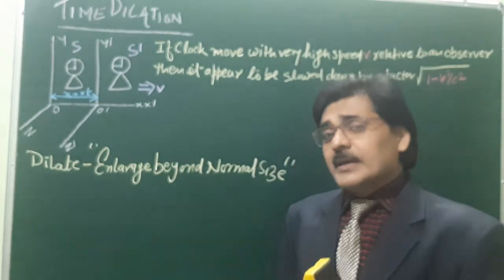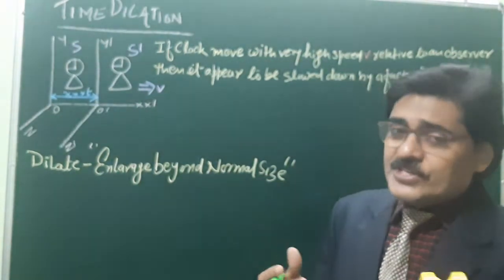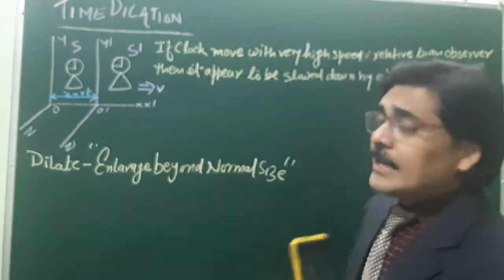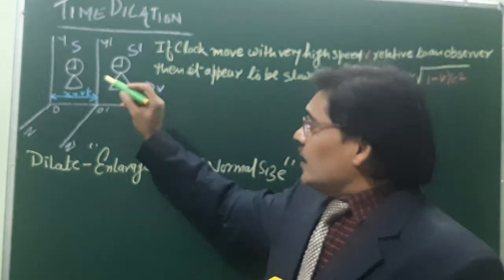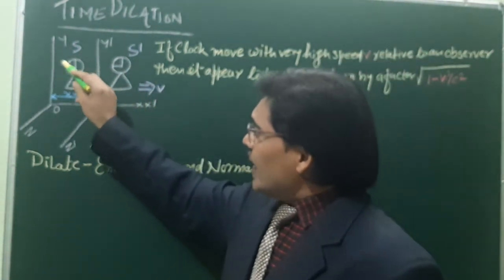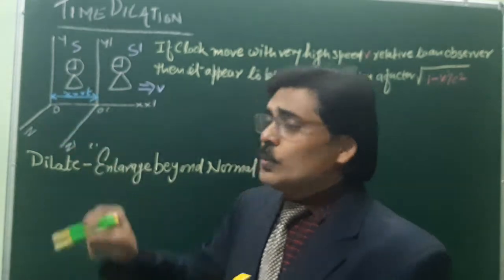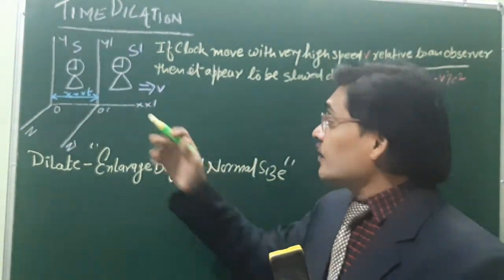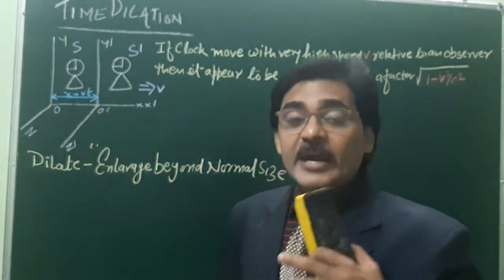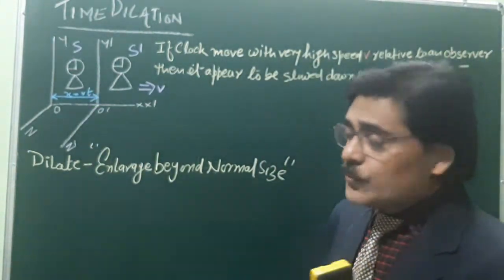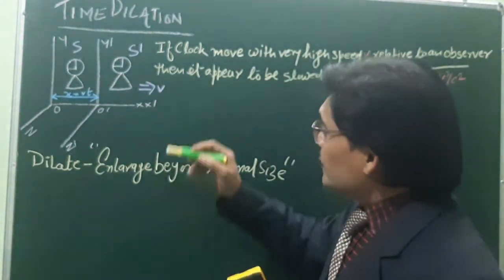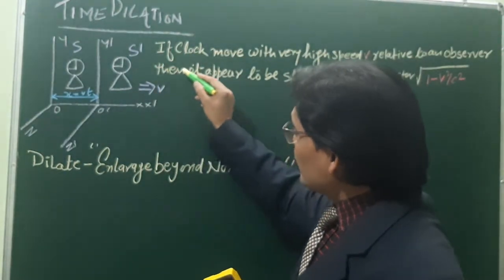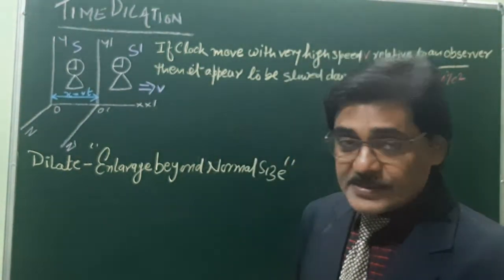But the case changes when, suppose at any moment in frame S, two signals come out from the clock at instant times t1 and t2, and at the same time the frame S dash is moving with velocity v in the positive x direction.